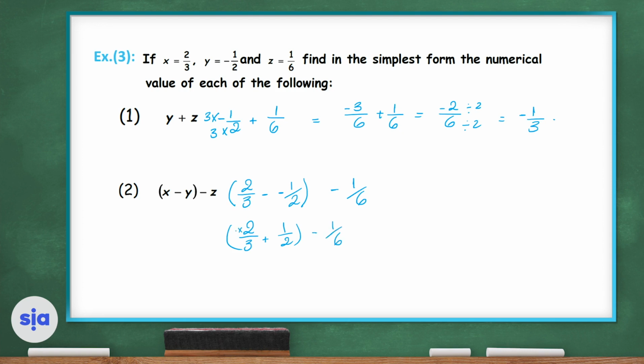We multiply here by 2 up and down, and we multiply here by 3 up and down. So this is 4 over 6 plus 3 over 6 minus 1 over 6. So this is 7 over 6 minus 1 over 6, which is 6 over 6. That is equal to 1.